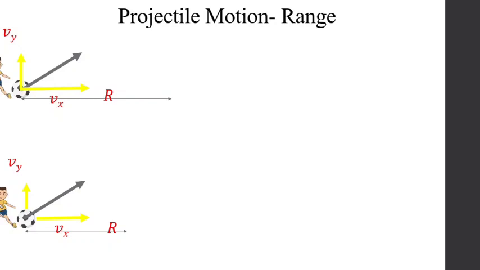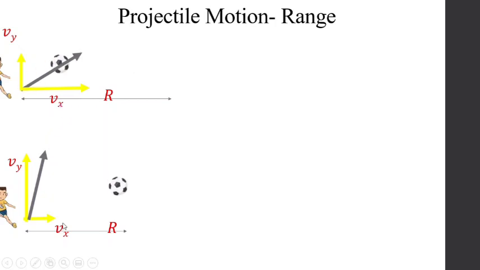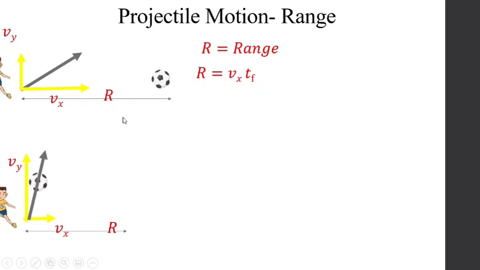Now let us find the formula for range, that is horizontal displacement. Horizontal displacement depends only on horizontal velocity, whatever the vertical velocity may be. So to find the displacement in the horizontal direction, or the range, we will use the horizontal velocity only. Range, that is displacement, will be equal to velocity into time, where velocity is the horizontal component of the projectile, and Tf is the total time of the flight.